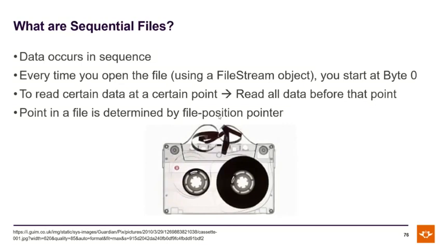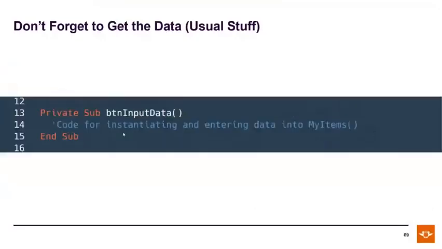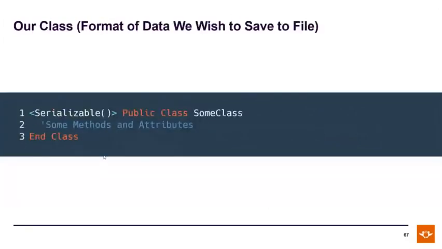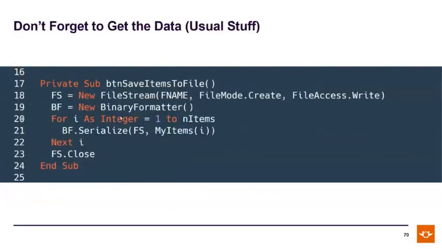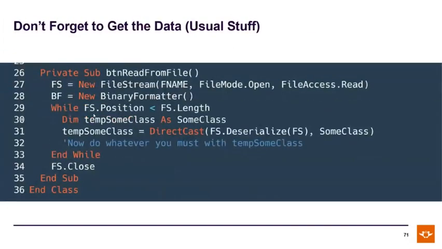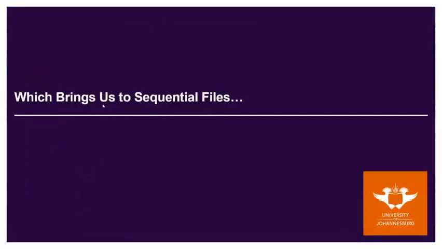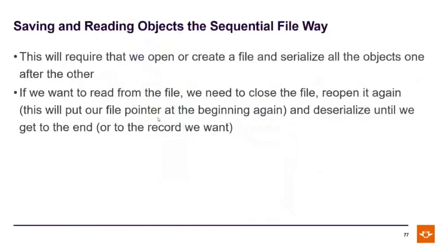That point where it's being read determines where you are currently. If you look at our file, when we spoke about reading and writing, especially when reading, you've got that file position, which is the current position of the file. When you start, that starts at position 0, the very beginning. So this will require that we open or create a file and serialize all the objects one after the other.